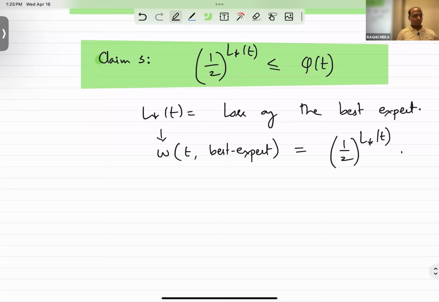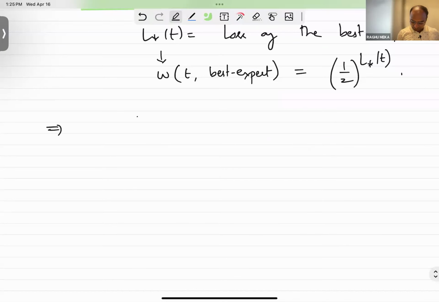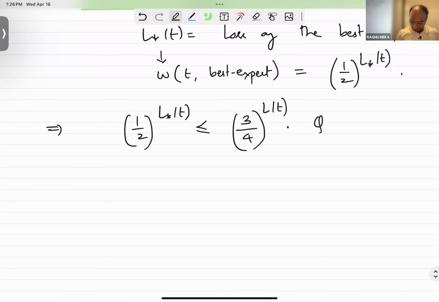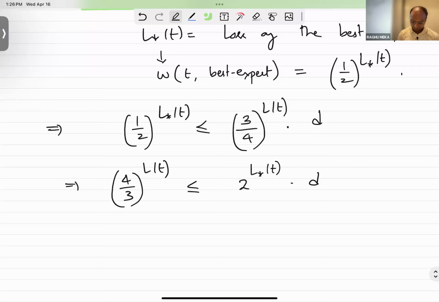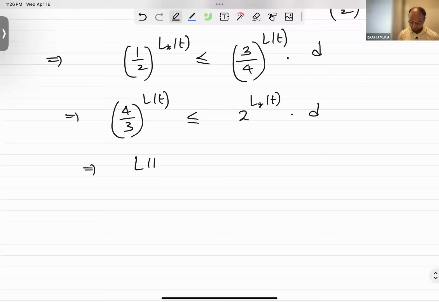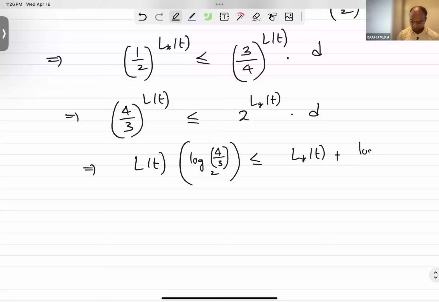Okay. And now we can put these two things together. This implies, and you have to take logarithms or whatever, that 4/3 to the power L of t is at most something.